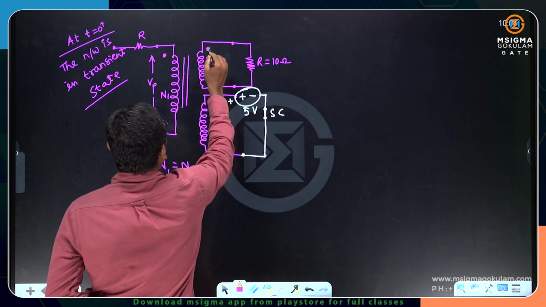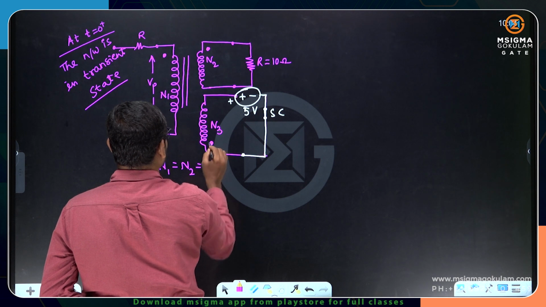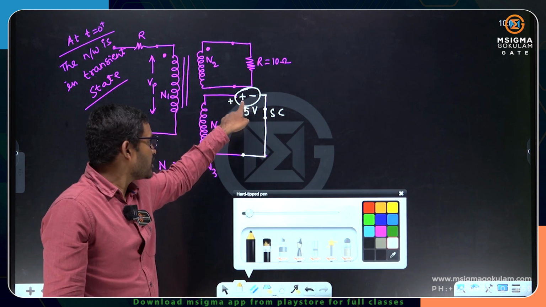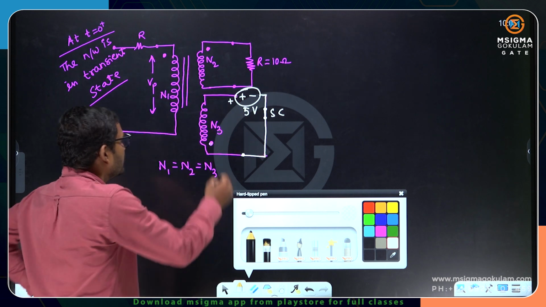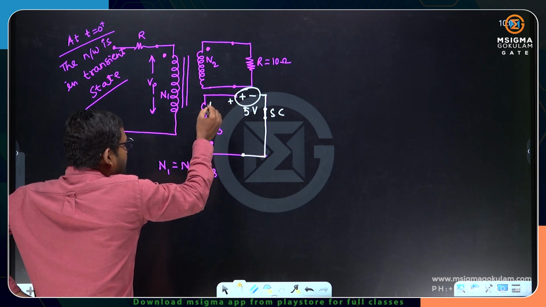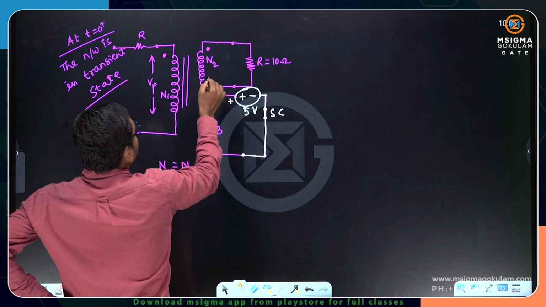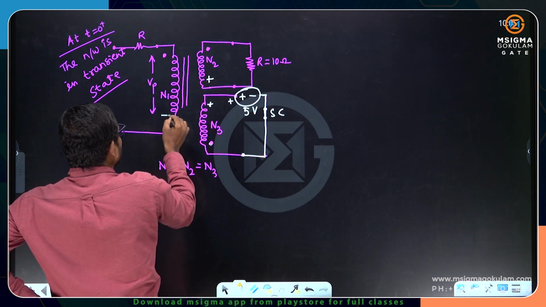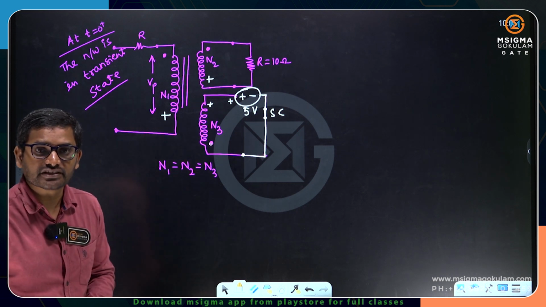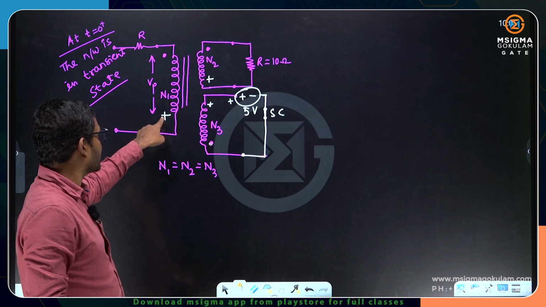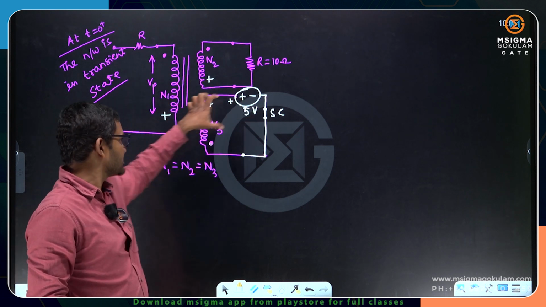These are the given polarities. The capacitor voltage polarity is positive on the left plate, so positive polarity is applied on the undotted terminal. Every undotted terminal will become positive because of mutual induction.